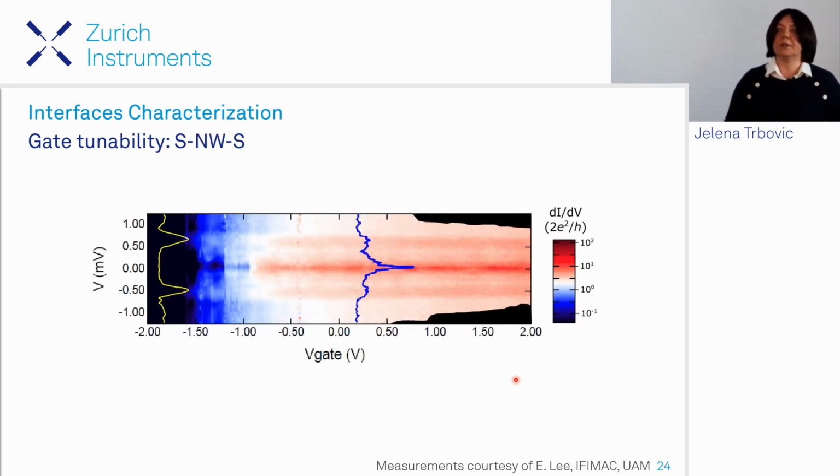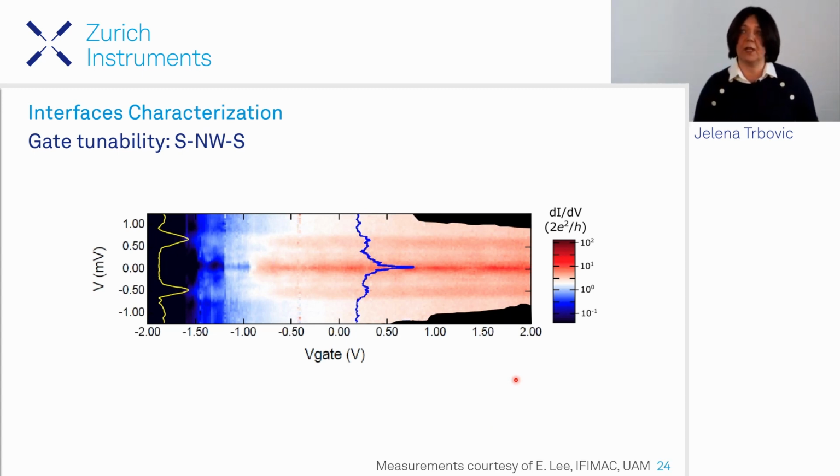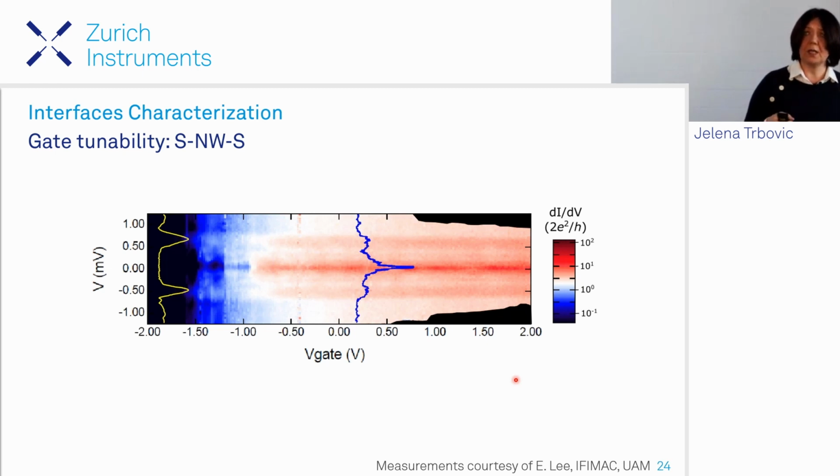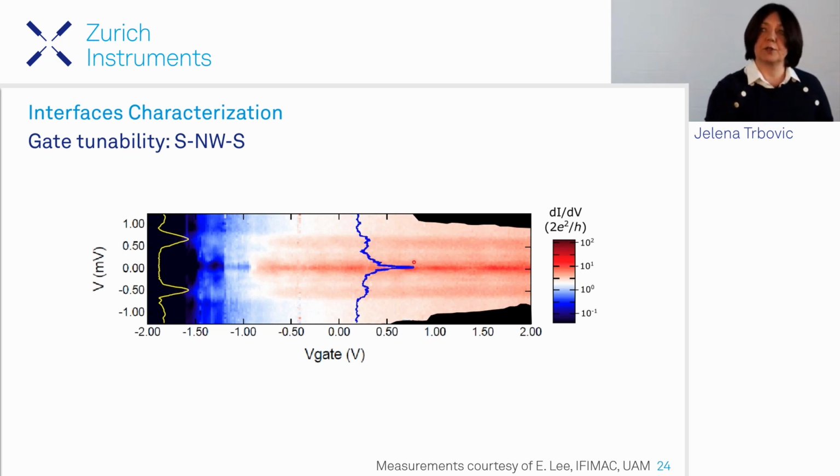And finally, what I wanted to show is another work, also done with MFLI. It is again a contact between a superconductor, indium arsenide nanowire, and superconductor. In the case of an open, transparent barrier, we will see the signatures of the supercurrent that you can see over here.